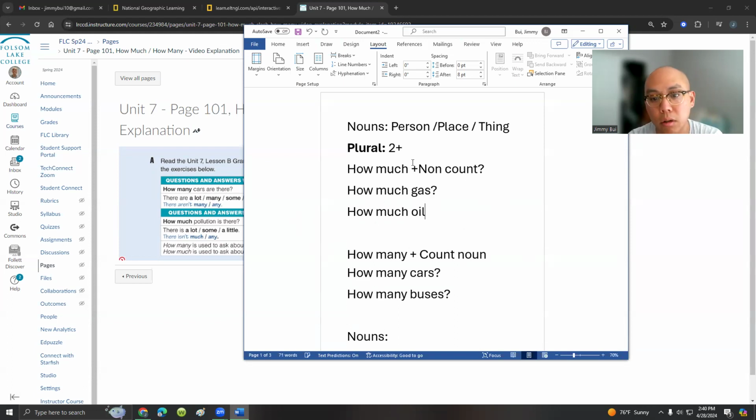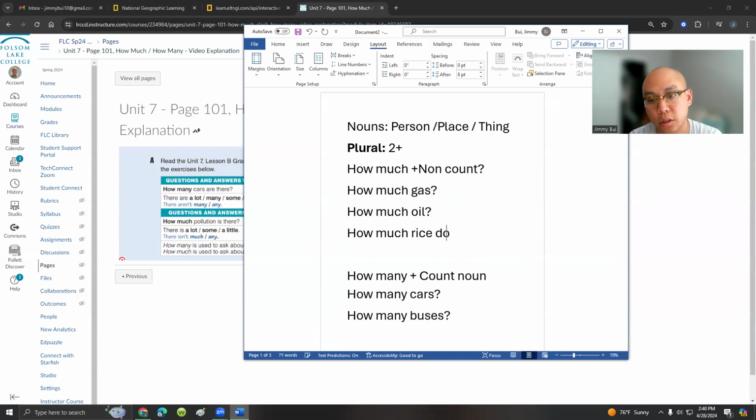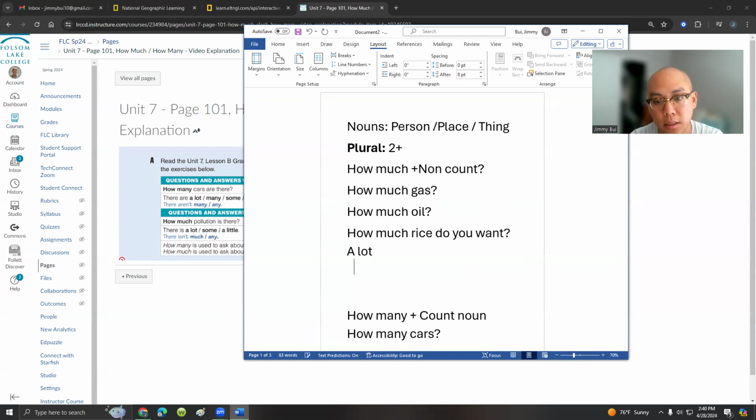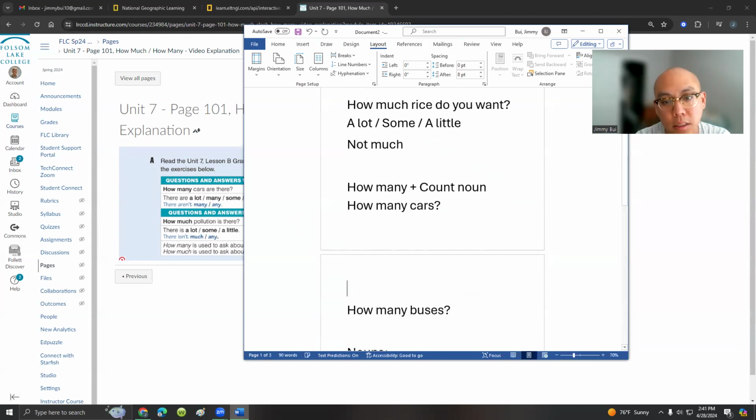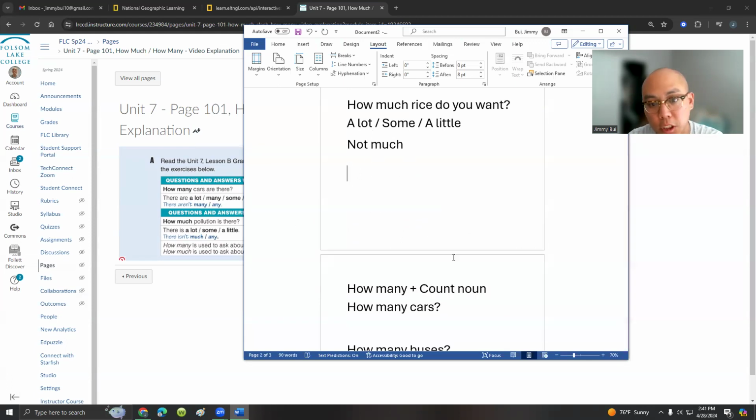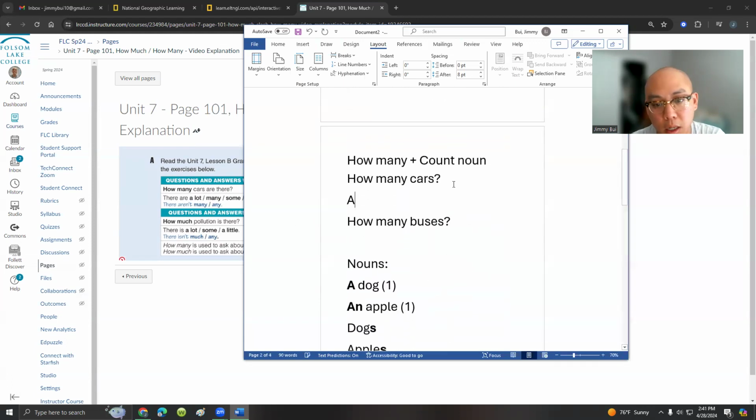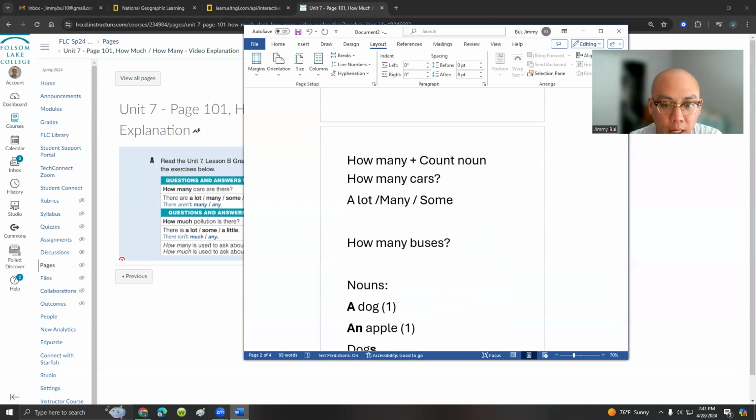How much oil? How much rice do you want? A lot. Some, a little. Not much, right? How many cars? You could, of course, use expressions or numbers. A lot, many, some. How many cars? 3, 4, 5, right? Because these are countable.